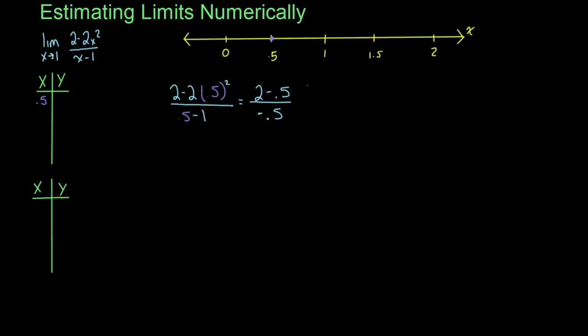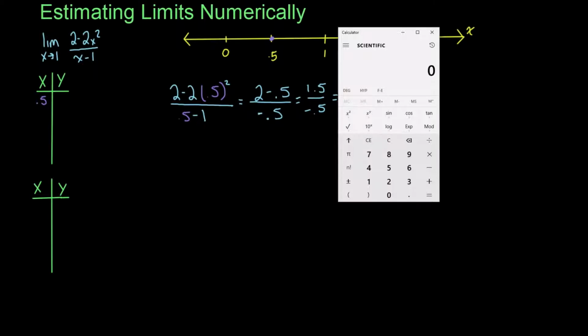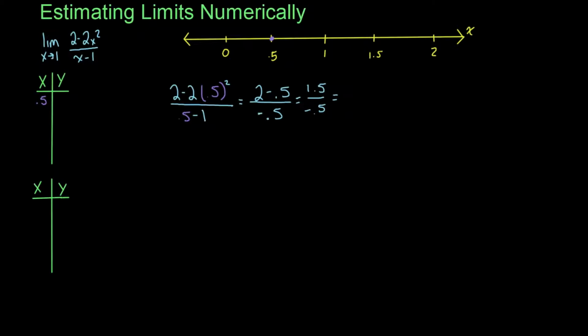Just go ahead and break out your calculator if you have a problem with this arithmetic. And so we have 2 minus 0.5 is 1.5, divided by -0.5. And this is equal to -3. And so we're going to take this -3 and put it right here.